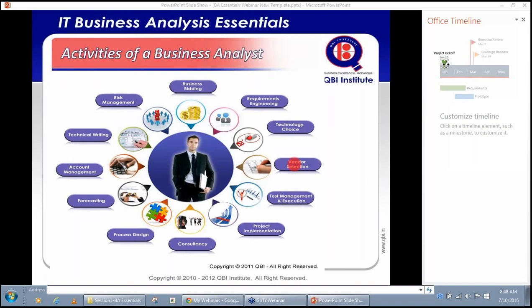Please remember, depending on the role and the stage of the project, your role may vary. You have to wear multiple hats.